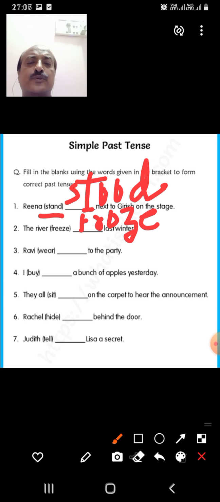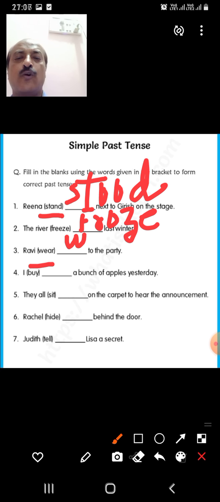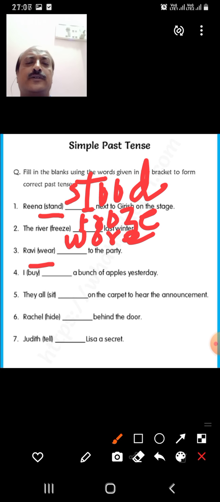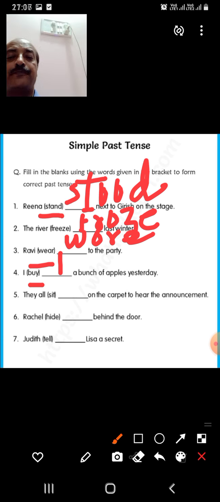Ravi dash to the party. Wear. So what will be the past of wear? Wore. Ravi wore to the party. I buy a bunch of apples yesterday. So buy is present tense. So what will be past?